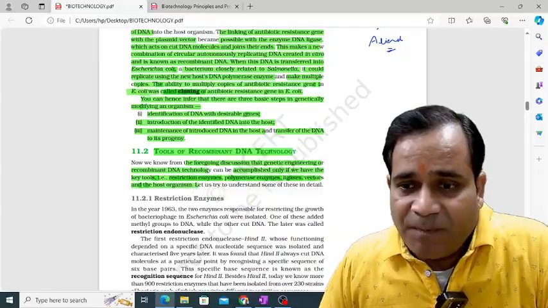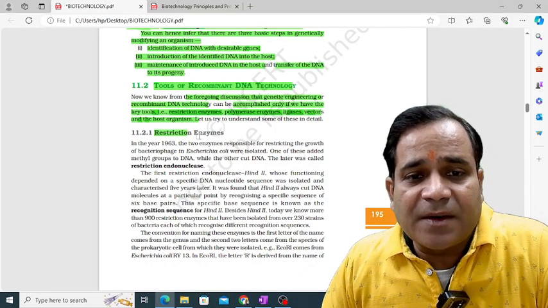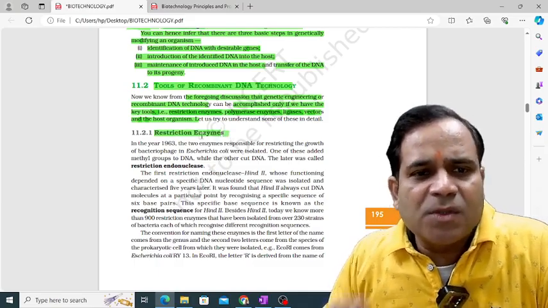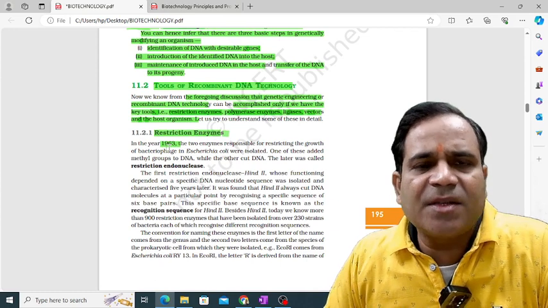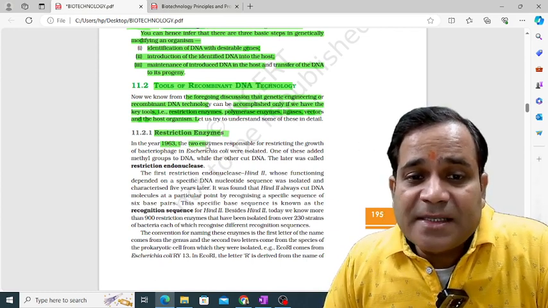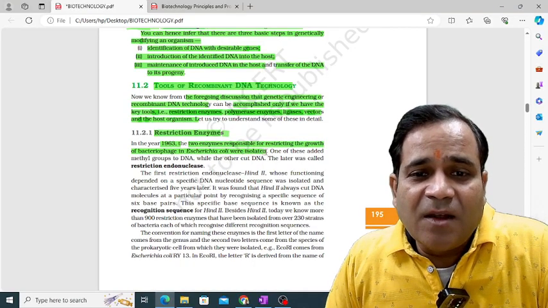So these are all the tools. The first thing, let's see, is the restriction enzyme. In the year 1963, the two enzymes responsible for restricting the growth of bacteriophage in E. coli were isolated.